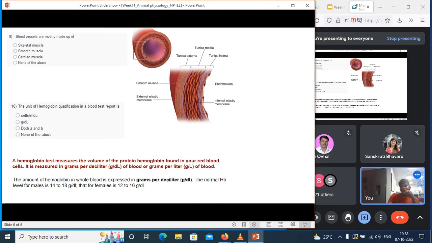It's not arguable, the thing is that it is there, it's 14 to 18, we can't do anything about it. But why did that adaptation occur in that way? Why is RBC count more in males?